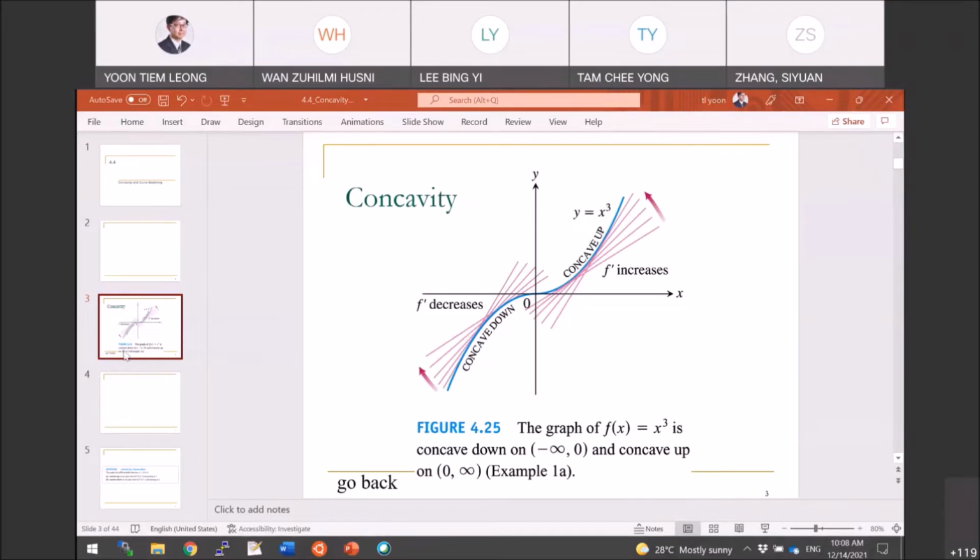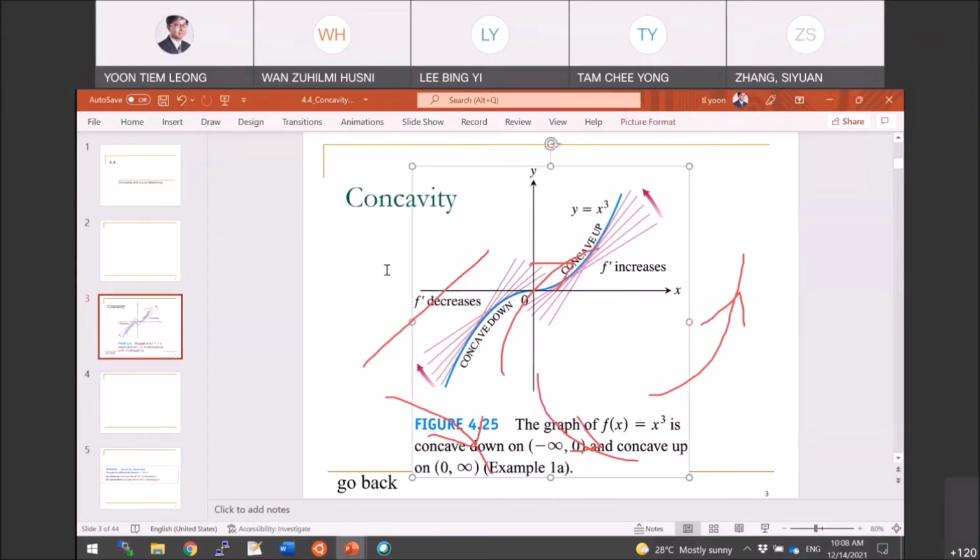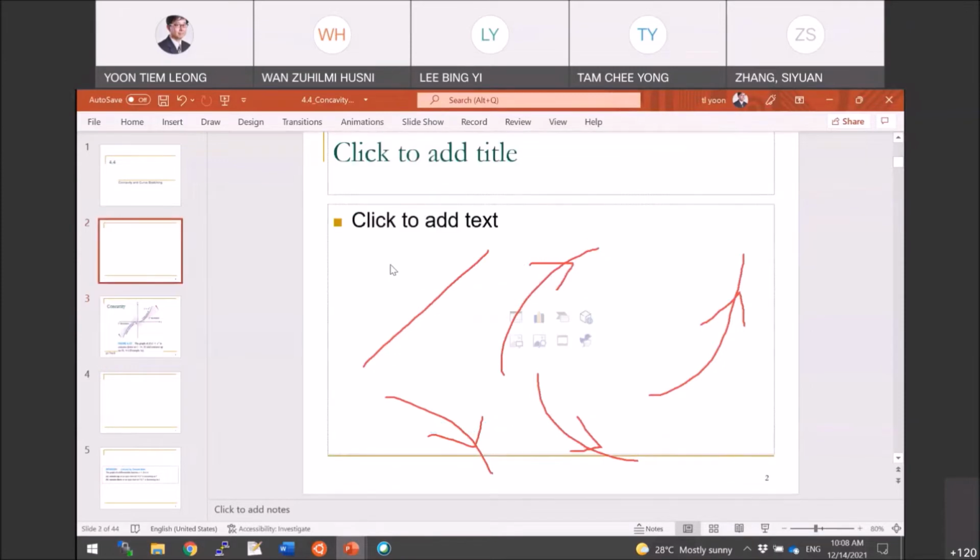Yeah, I think I have this marker here. This one? No. This one. Okay, I think I lost control over my screen for a moment. Sorry about that. Okay.